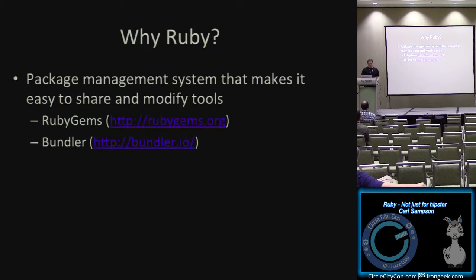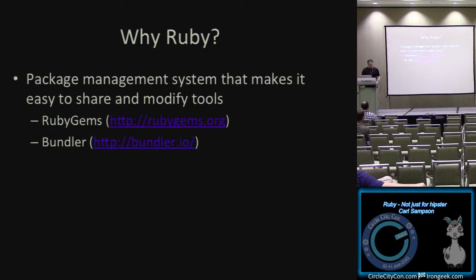Package management. Ruby has a really good package management system called Ruby Gems. So Ruby Gems are either Ruby source that are packaged as libraries, or native source in whatever language that are compiled when you install them for whatever platform you're on. So it's super easy to actually contribute and create a gem, as well as pull down and use them in your application.